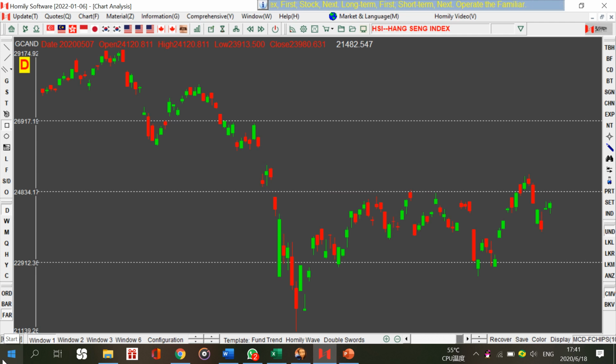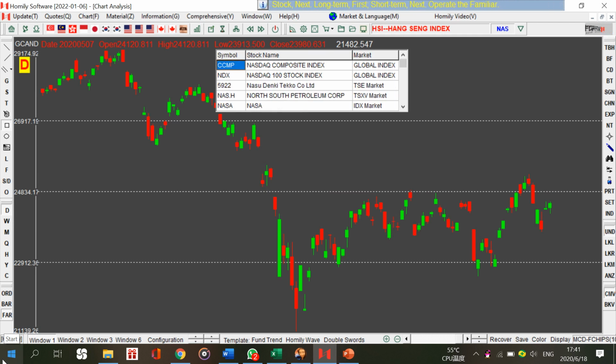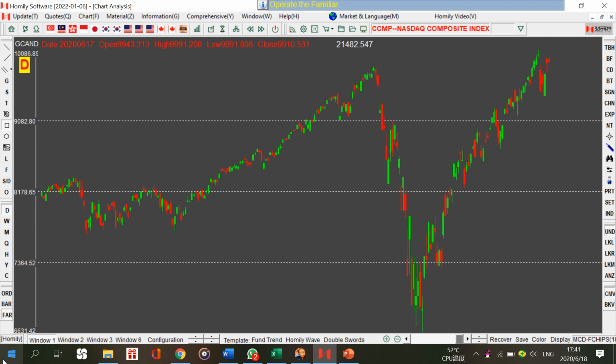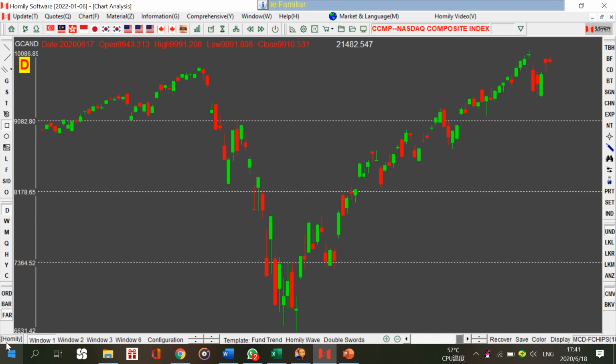And also for Nasdaq, you see, gap is a very common phenomenon in the stock market, and it's very instructive. It can provide us a lot of valuable information. Let's say previously for Nasdaq, we also have a gap here, right?